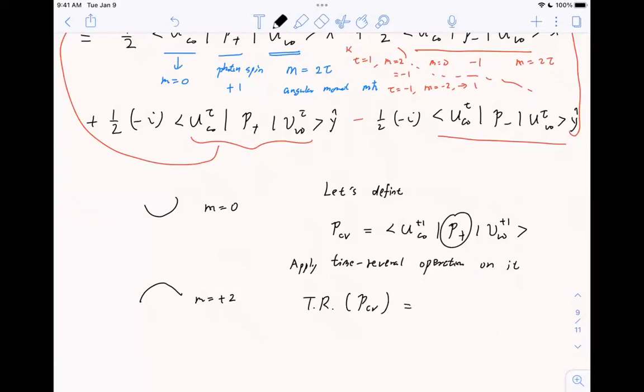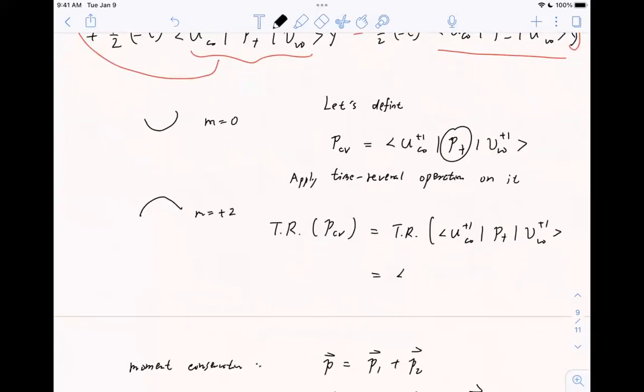However, if you apply time reversal symmetry on here, then you need to apply it on all the states and operators inside.